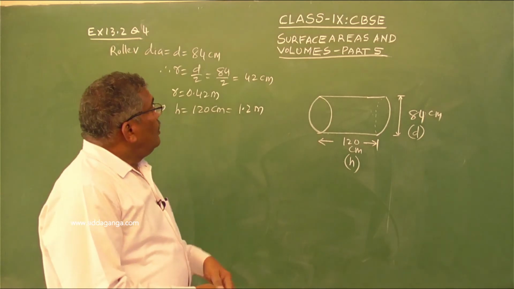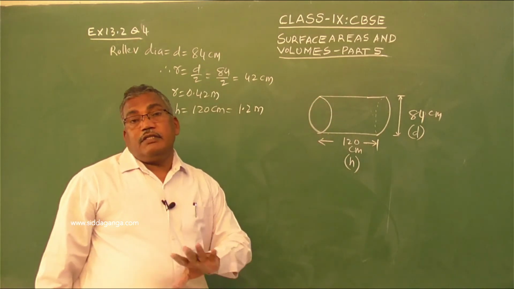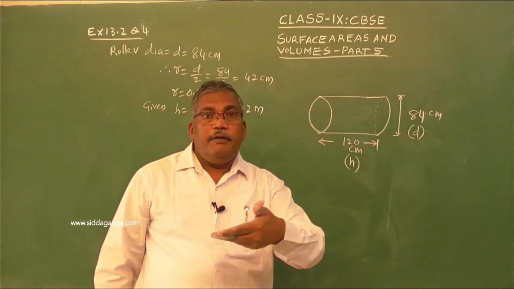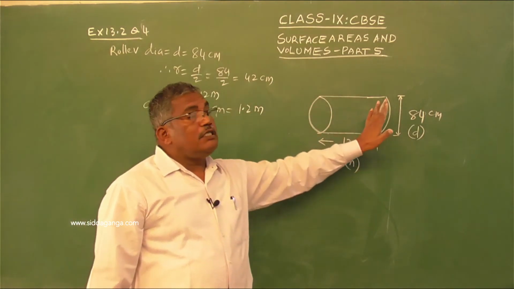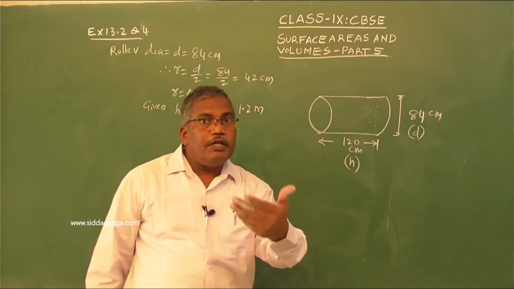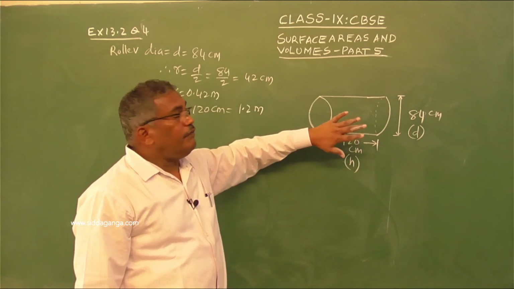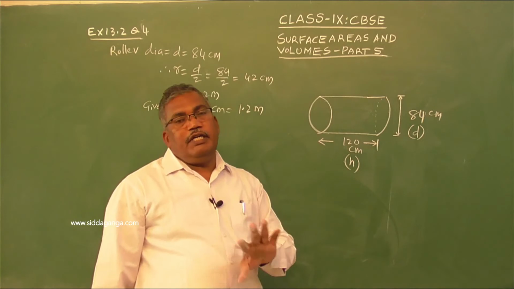So we have to calculate the curved surface area. See, a roller in the road, it moves, it revolves, and the circular regions will not come into play. The lateral surface will move on the ground, curved surface. It rolls like this. So therefore, if it comes one round, how many square meters it covers?